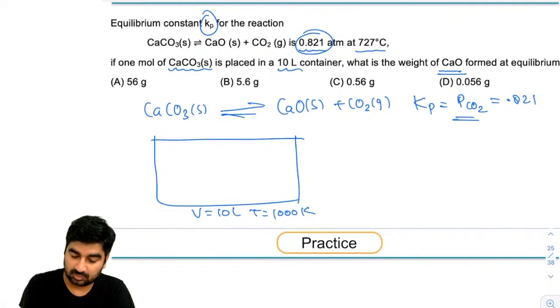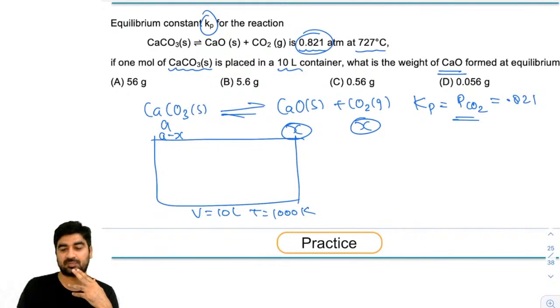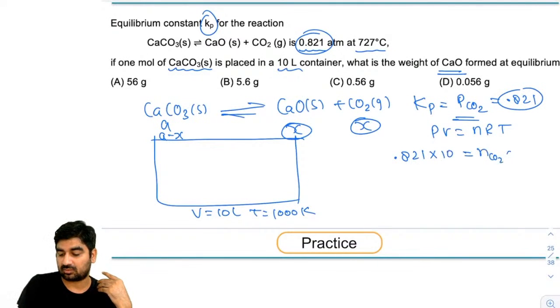So you know the moles, suppose A moles, A minus x. The moles of CO2 will be same as the moles of CO, right? So PV is equal to nRT. The pressure of CO2 is 0.821. Volume is 10. Moles of CO2, 0.0821 into what is temperature? 1000.